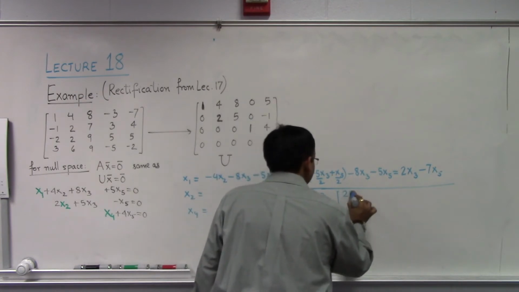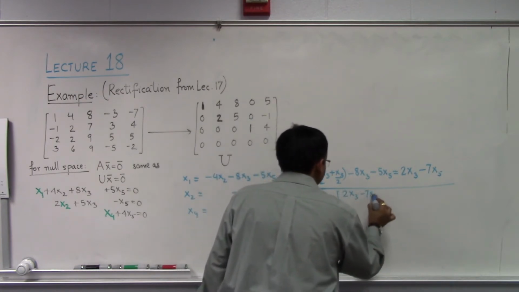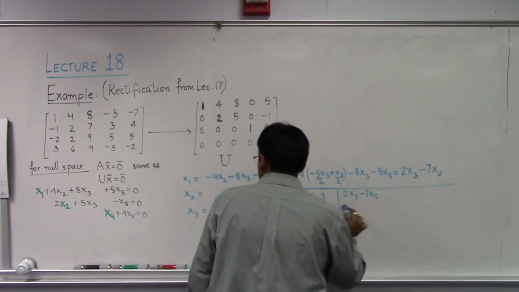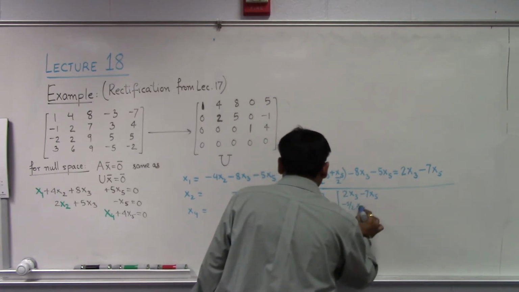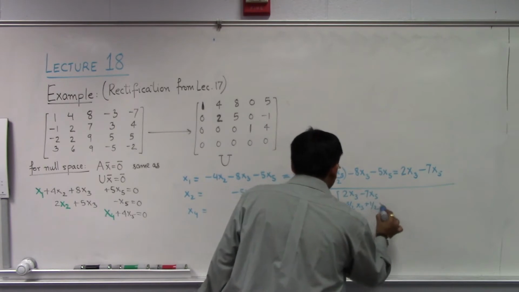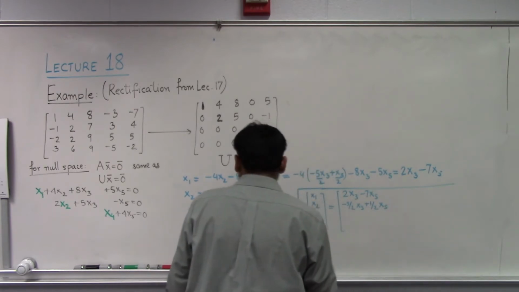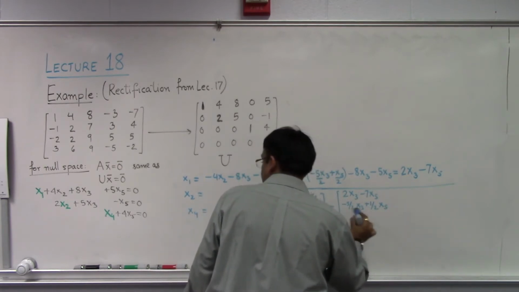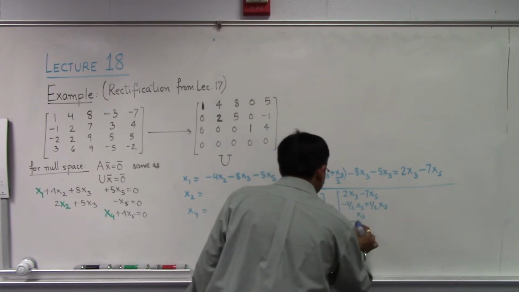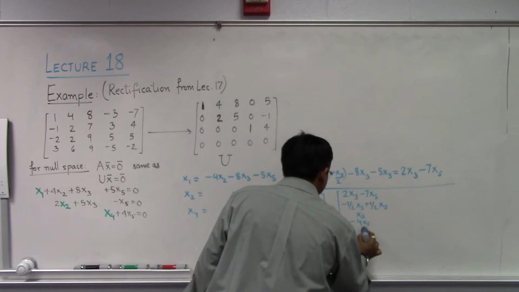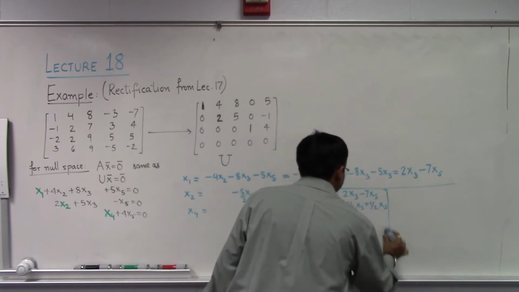X1 is 2x3 minus 7x5. X2 is minus 5 half x3 plus 1 half x5. And x3 is a free variable, x4 is minus 4x5, and x5 is a free variable.